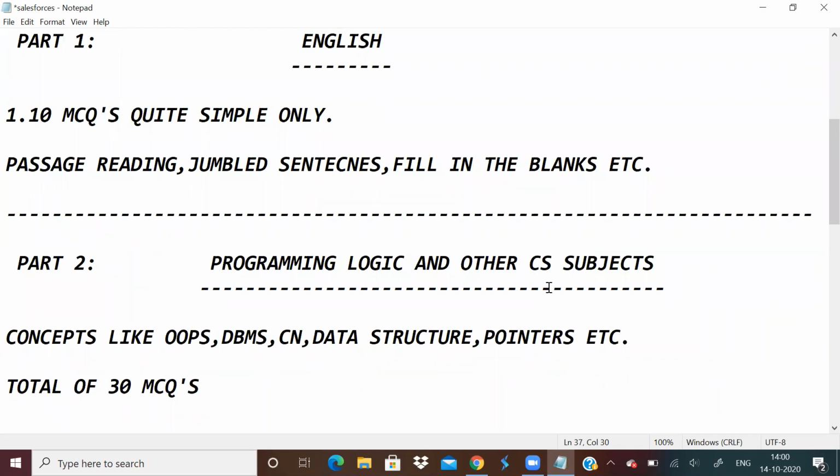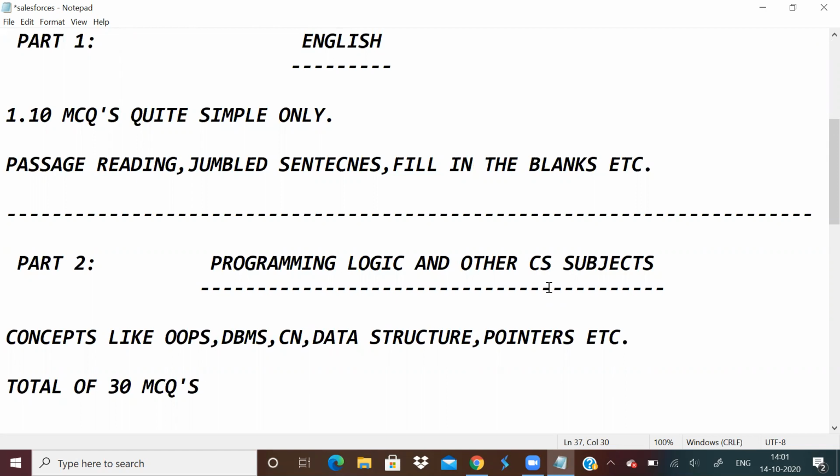There were 30 MCQs and concepts like OOPS, data structure, computer network, DBMS, pointers, all these were asked. This section was difficult for me. I'm an electrical student. I have not read computer networks. Even OOPS and DBMS, I did not answer everything very confidently.